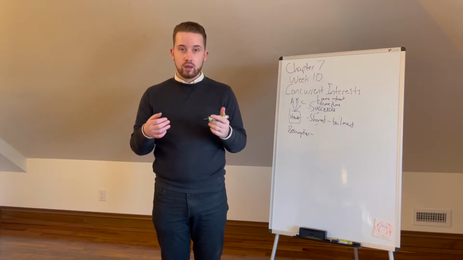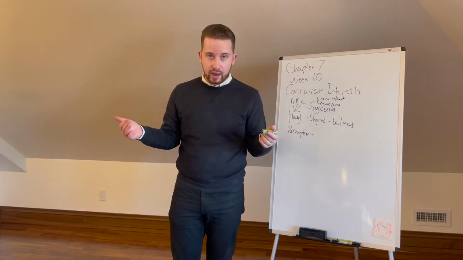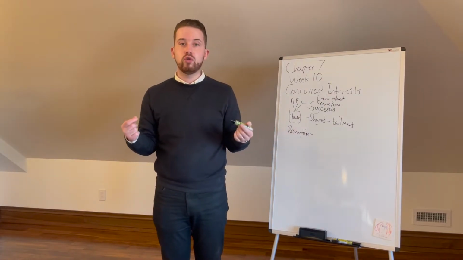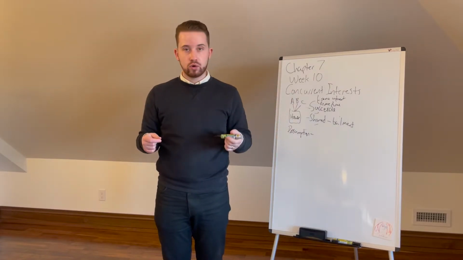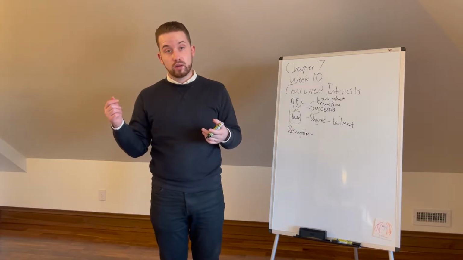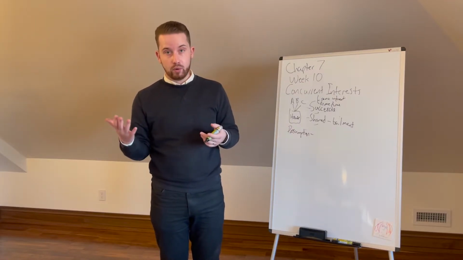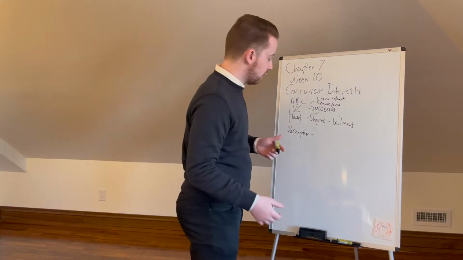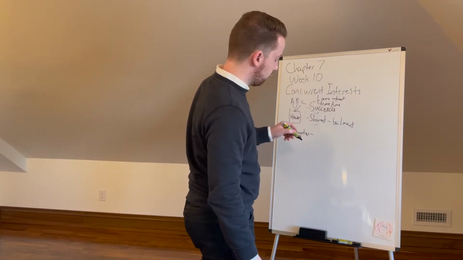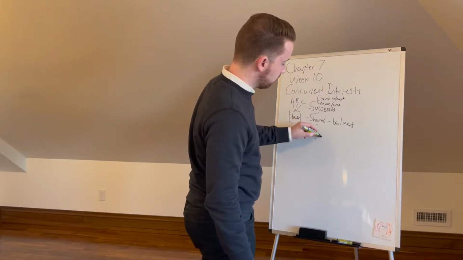So it was not something people liked, and so you wanted to reduce the number of times that you had people holding concurrent interests. So you wanted to limit the number of people who were subject to feudal dues. And that is why there was a presumption in favor of a joint tenancy.